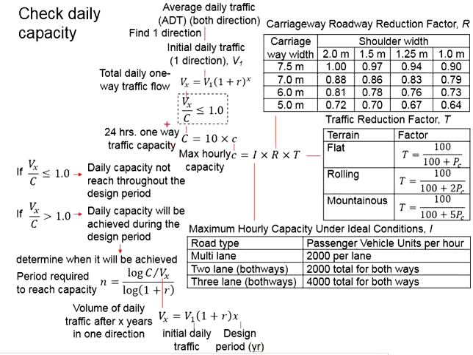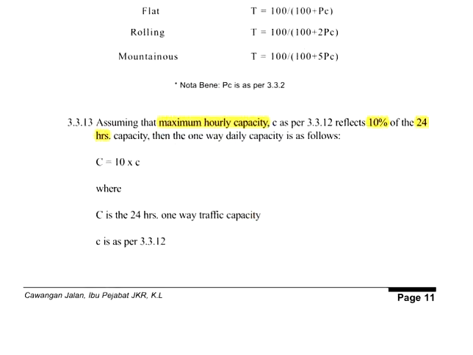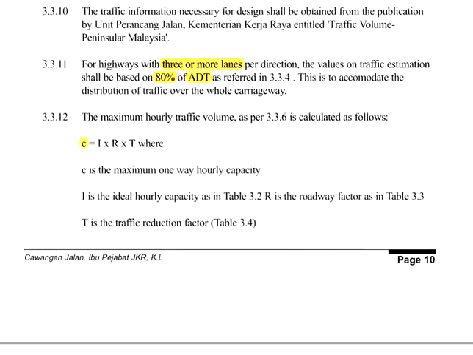Now let us talk about the 24 hours one-way traffic capacity. You can get the equation from clause 3.3.13. It is taken as 10 times small c. Small c represents the maximum hourly traffic volume, as given in clause 3.3.12.